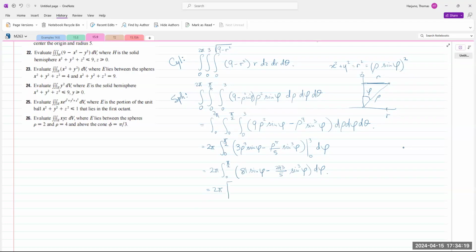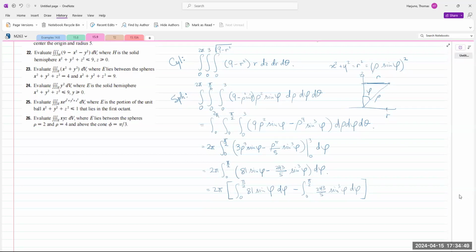Okay, I will split this integral because this one is easy to integrate. So the integral from 0 to pi over 2 of 81 sine phi d phi, that one is easy. The integral from 0 to pi over 2 of 243 over 5 sine cubed phi, this one I need to do something.